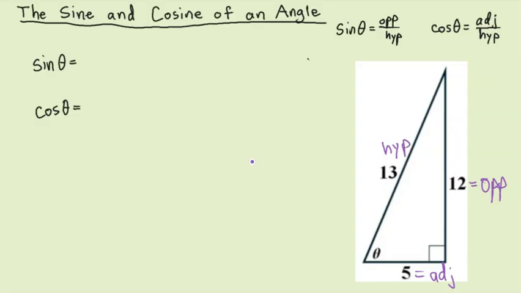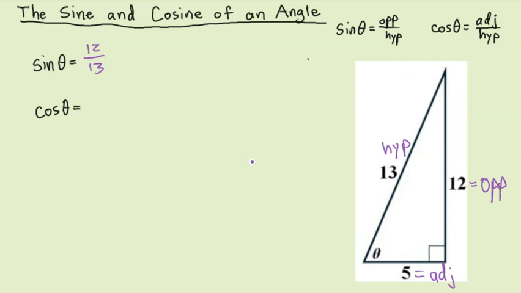Okay? But now when we go to do sine, last time sine was 5 over 13, but now sine is opposite over hypotenuse as usual, and opposite is 12. So we're going to do 12 over hypotenuse, 12 over 13. Now if you look back a minute, before, when theta was in this other angle, cosine was 12 over 13.